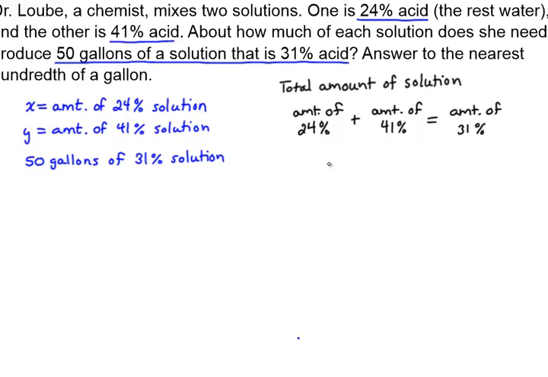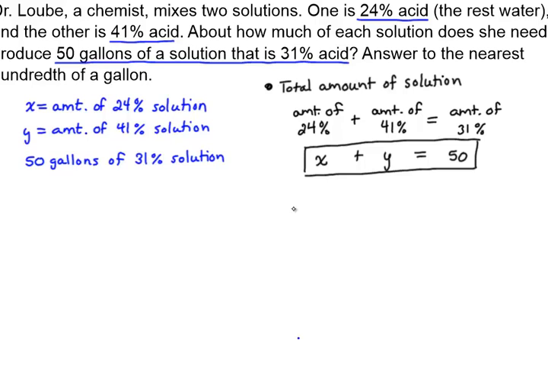Okay, so now let's fill in our stuff. We have x plus y, and the amount of 31% is 50. So there's my first equation, and we're going to use it here in a little bit.